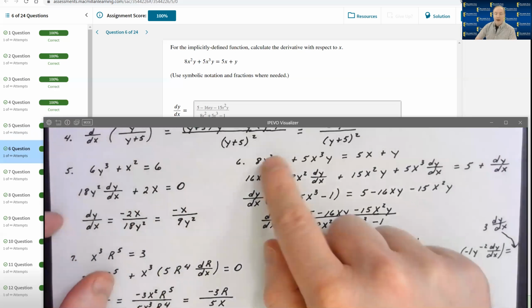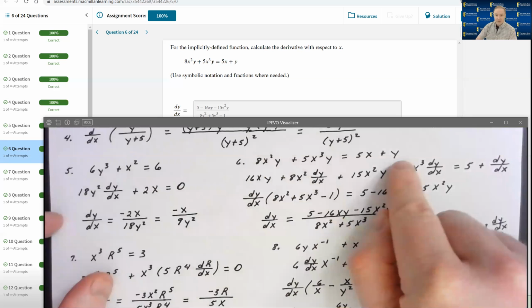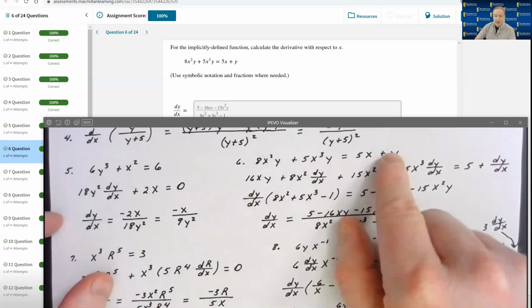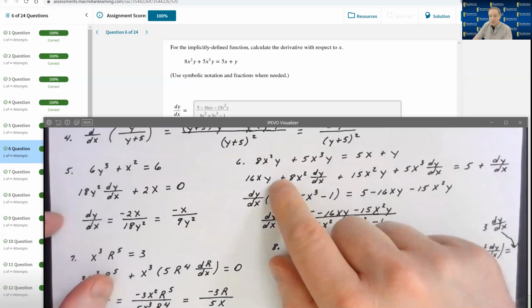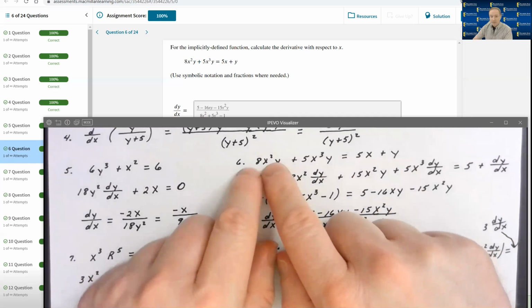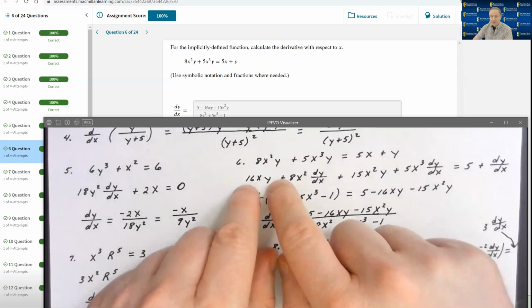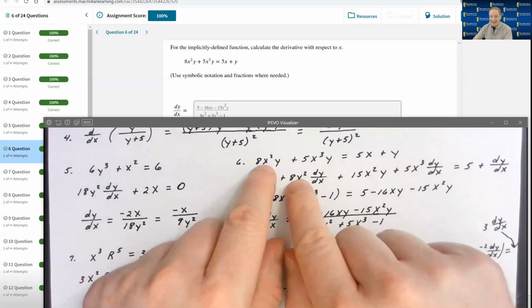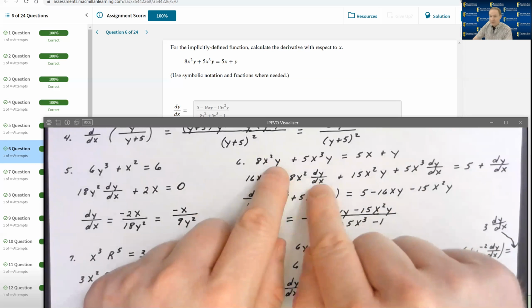Woohoo! I have a more complicated looking relation, and I'm asked for dy dx. Okay, so I start taking the derivative term by term. In this first term, I need to understand product rule. So the derivative of 8x squared, 16x, times the second, plus the first, 8x squared, times the derivative of the second.